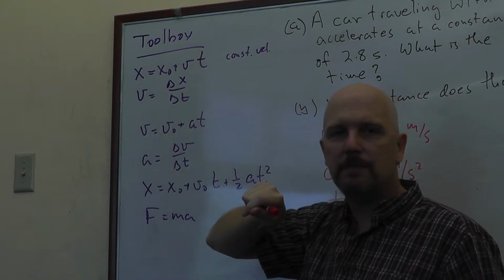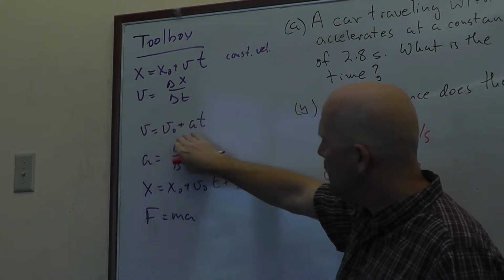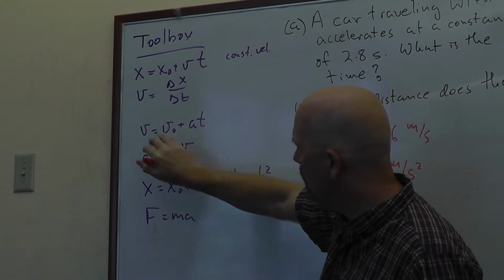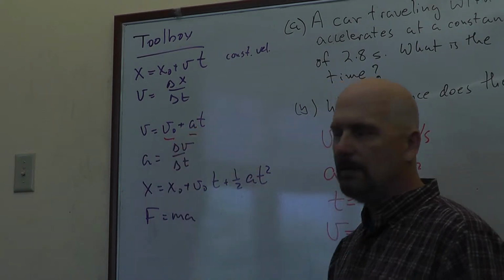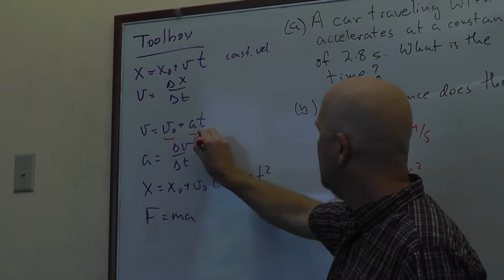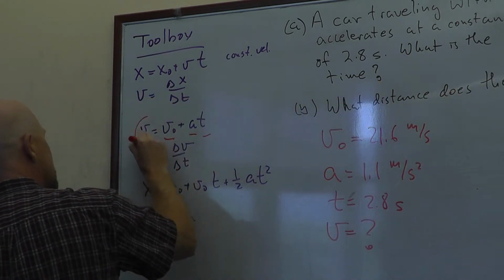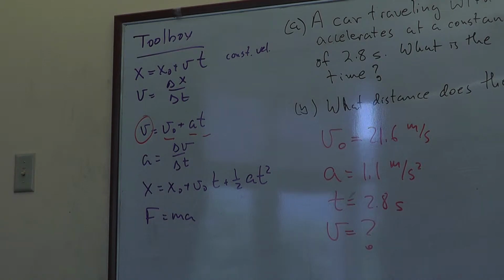This equation gives me the average velocity. I don't need to know that. This equation here, that looks promising. It has a V0, which I have. It gives me an acceleration, which I have, and a time, which I have. And what I want to find is this. So this apparently is the equation I want to use.